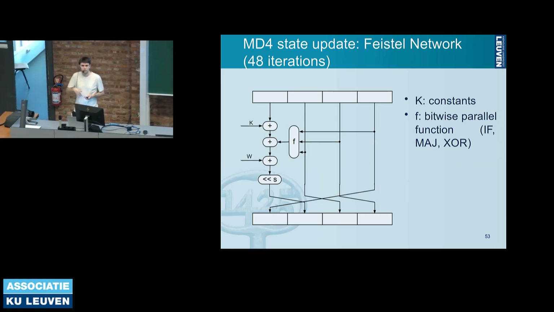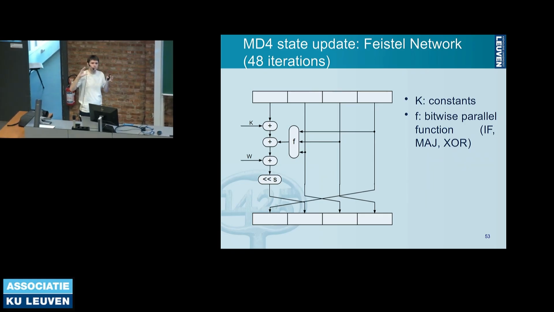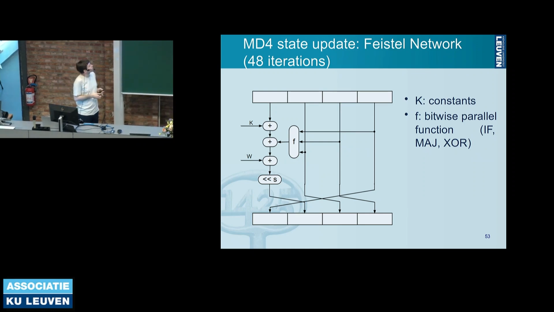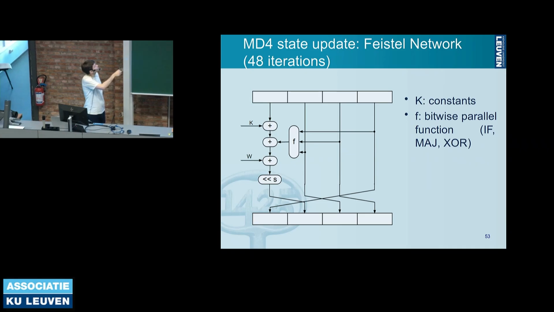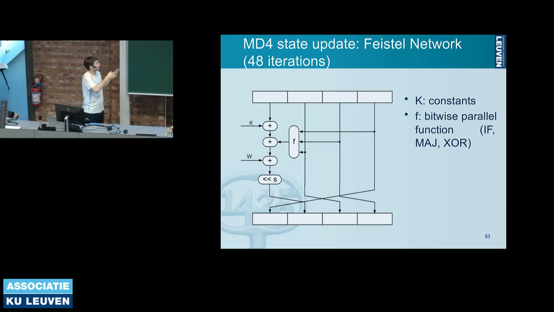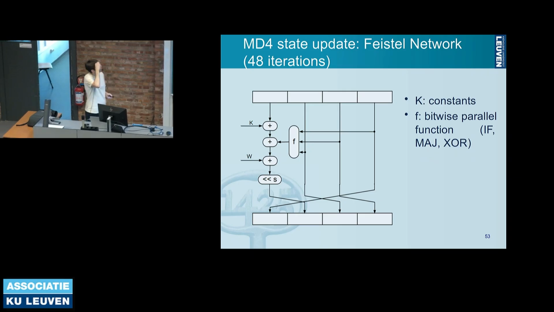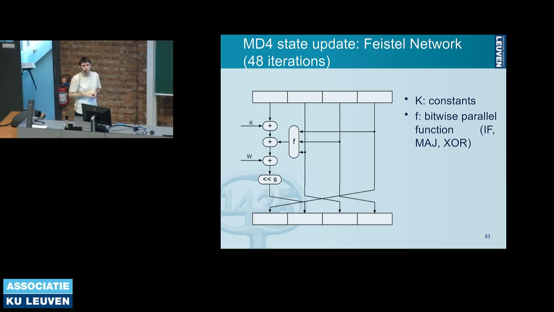So this is 48 rounds. Well, they call them steps, actually. It's a bit different terminology, but it's 48 rounds. They come in 3 blocks of 16 rounds. And in each of these 3 blocks, there is a different function f here. And this function f is a bitwise function. This MD4 was completely broken.